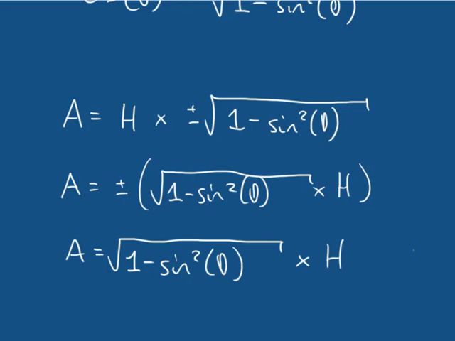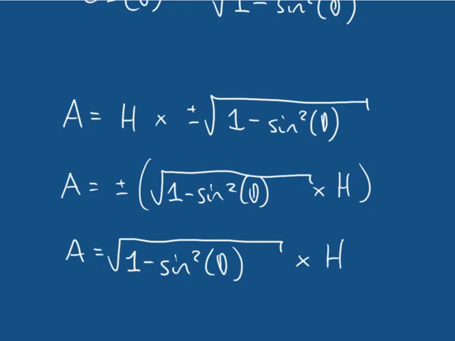Therefore, if we got told that we knew the value of sine theta, and we knew the value of our hypotenuse, we take the value of sine theta, square it, we take 1 minus that value, we then find the positive square root of 1 minus sine squared theta, and then multiply it by our hypotenuse, and that would give us the length of the adjacent edge.